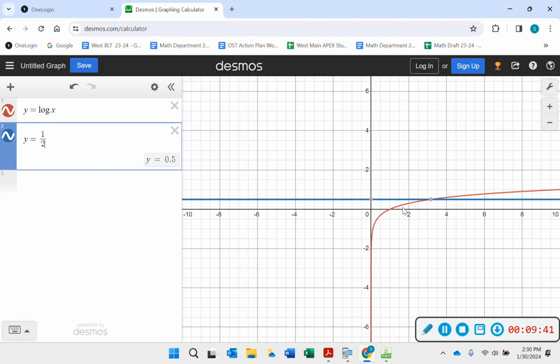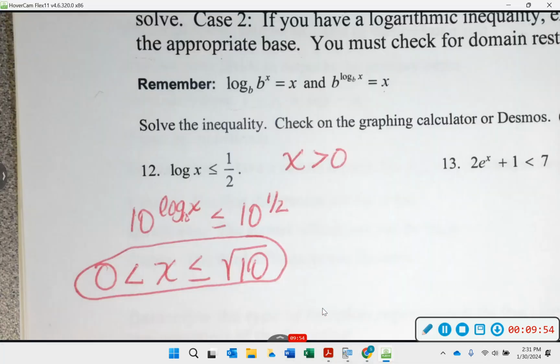So we're looking at what are the x's that make this red less than the blue? Because look back at our original problem, guys. We wanted the log function to be less than y equals 1/2, less than or equal to.